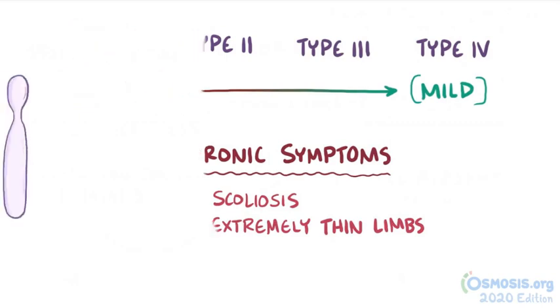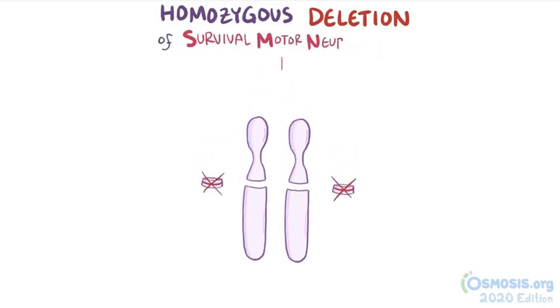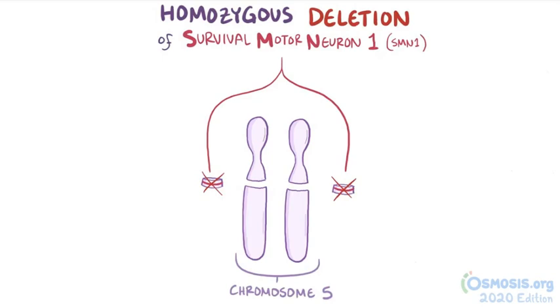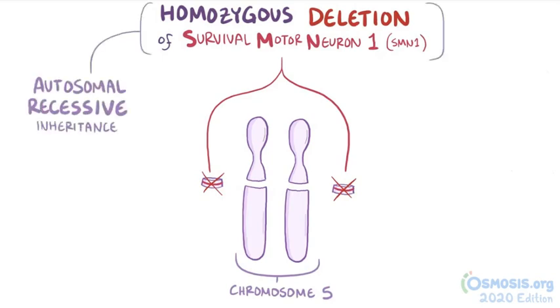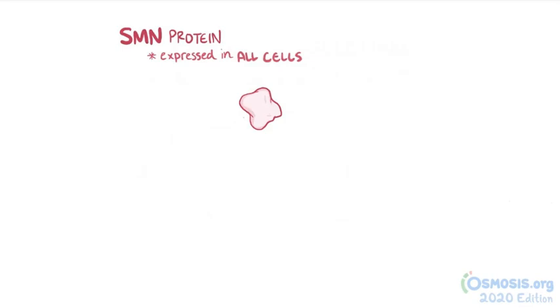The different types of SMA all result from the same homozygous deletion of the survival motor neuron 1 gene, or SMN1 gene, on chromosome 5, and this is inherited in an autosomal recessive pattern. The SMN protein from the SMN1 gene is expressed in all cells.